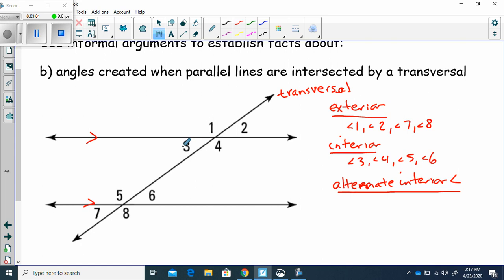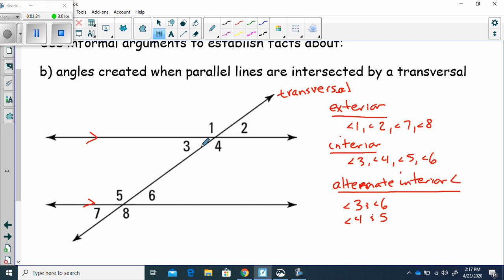So interior would be 3, 4, 5, and 6, just as we already said. Alternate are on opposite sides of the transversal. Angle 3 and angle 6 would be an alternate interior pair. They're on alternating sides of the transversal. Angle 4 and angle 5 are alternate interior angles.